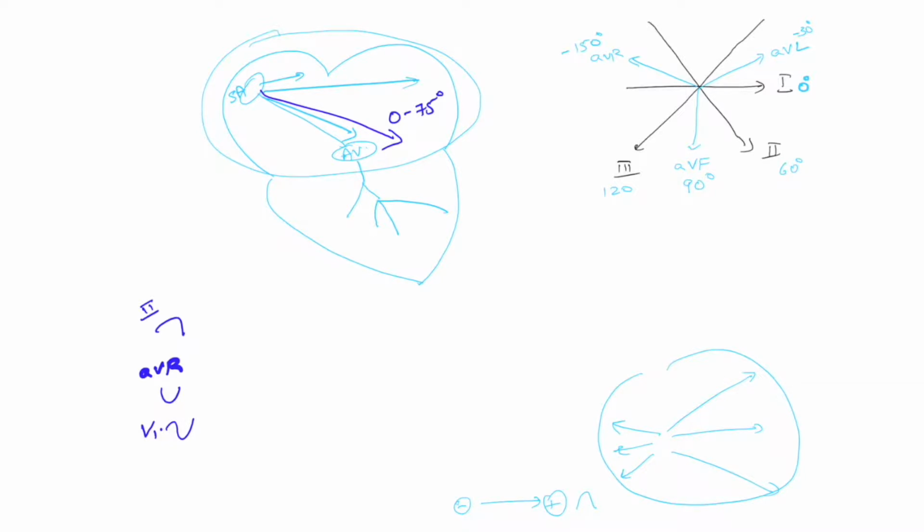Now, eventually, when the wave arrives at the AV node, as we've talked about, it slows down. The purpose of the slowdown is to allow the atria to finish contracting, and that way blood flows from the atria to the ventricles before the ventricles are able to contract once they're stimulated.